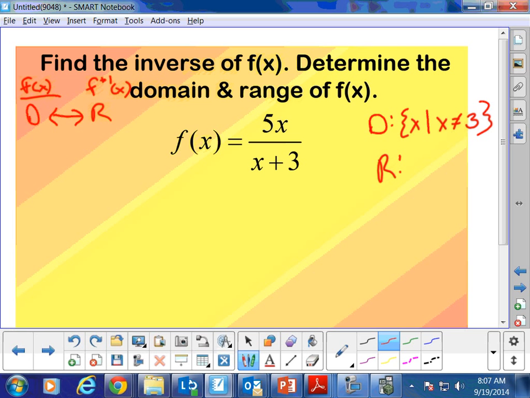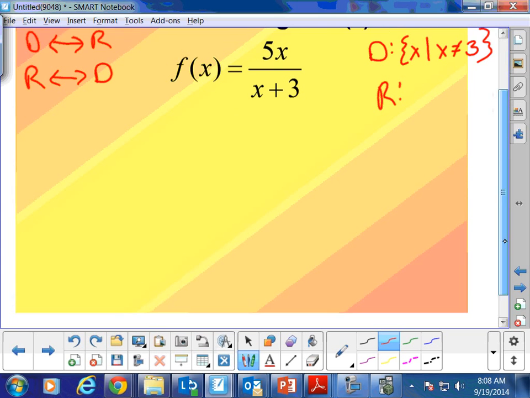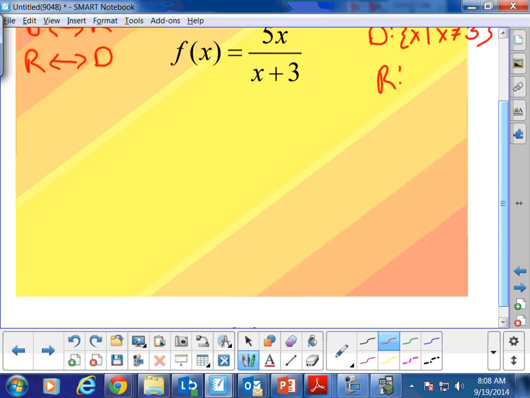And then my range is really my domain. So if I find the domain in the finished product too, it should say the same thing. So right here, before I go ahead and state in the problem, I know for sure that my domain is going to be y such that y cannot equal 3.